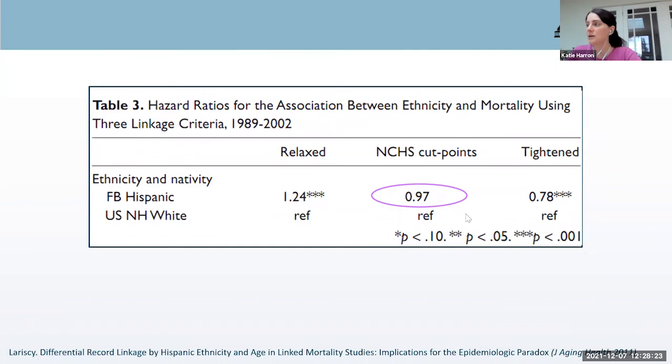It hadn't been what they had expected. But they hypothesized that perhaps Hispanic names were more complex and therefore more difficult to link. So when they relaxed their linkage criteria, the hazard ratio was significant in the direction that they had expected. So Hispanics appeared to have higher mortality rates.